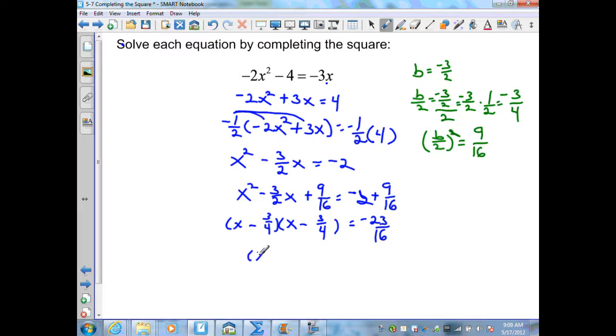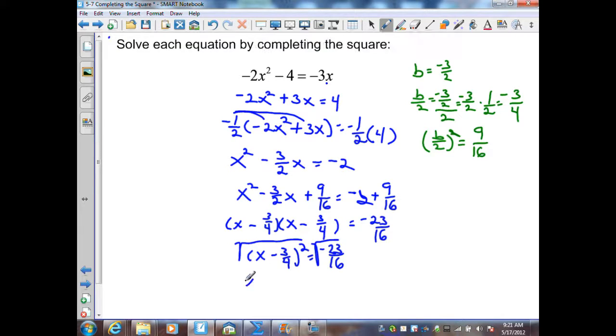I can rewrite this as x minus 3/4 squared equals a negative 23 over 16. And when I take the square root on both sides, that gives me x minus 3/4 equals plus or minus the square root of a negative 23 over the square root of 16, which we know is 4.